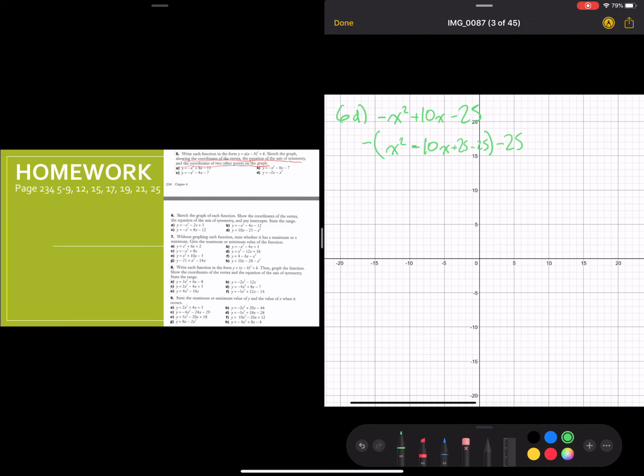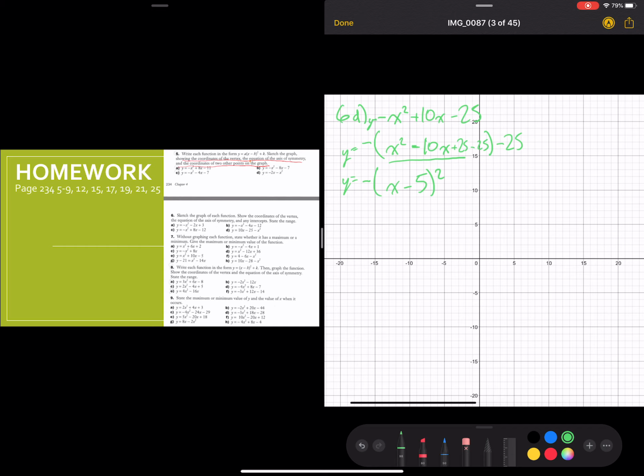Okay, so that's equal to y equals minus, this is basically x minus 5 squared. We have to recognize this as a perfect square, which is square root of x, square root of 25 is 5, 5 times 2 is 10x.